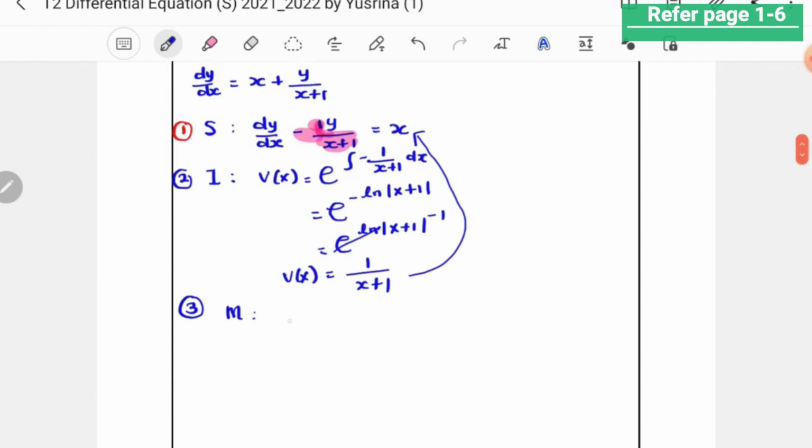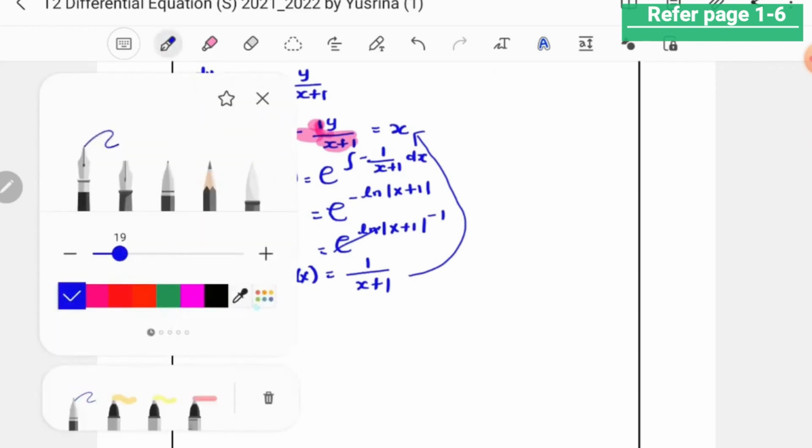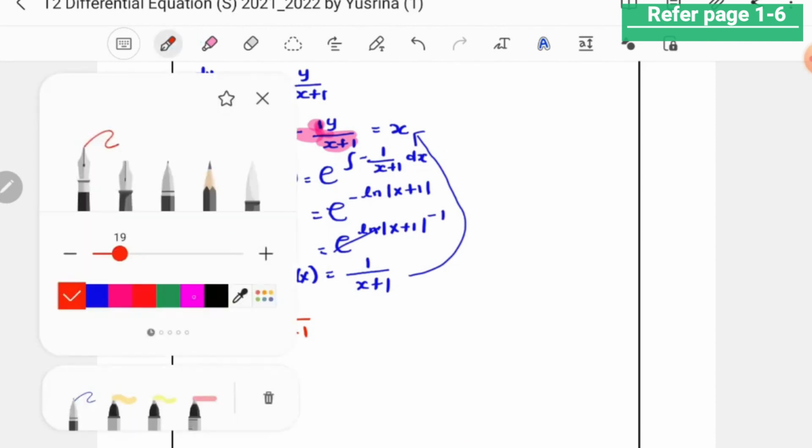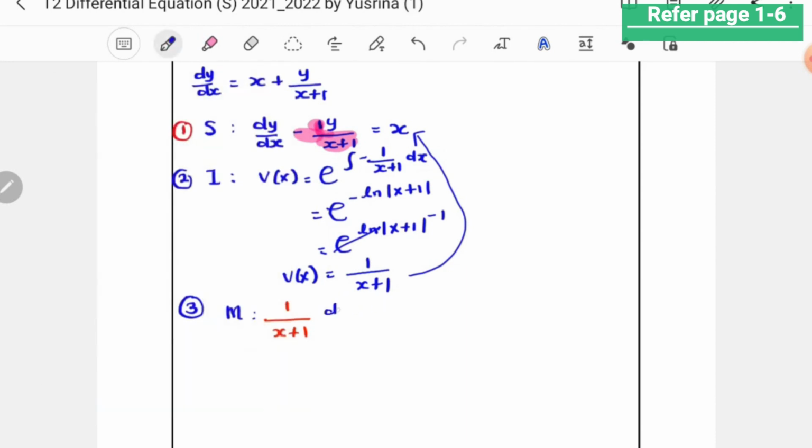So 1 over (x plus 1) multiplied by dy/dx, minus 1 over (x plus 1) multiplied by y over (x plus 1), equals 1 over (x plus 1) multiplied by x. The red color is your V(x).